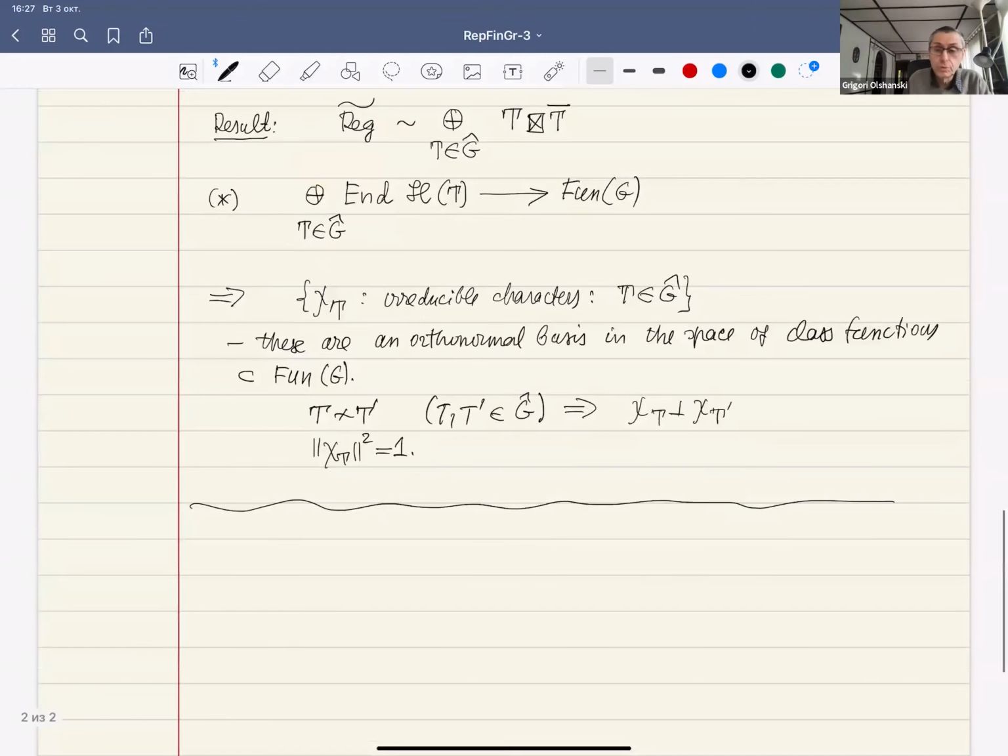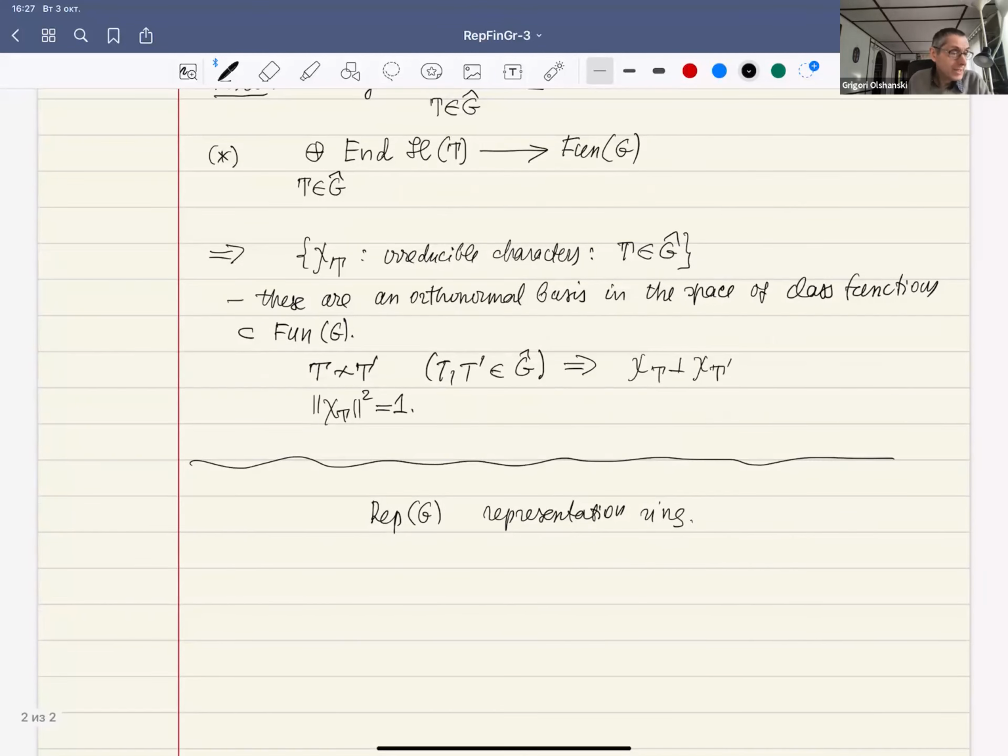Let me introduce what is called the representation ring. What is this? So we take a lattice, one can say a lattice.